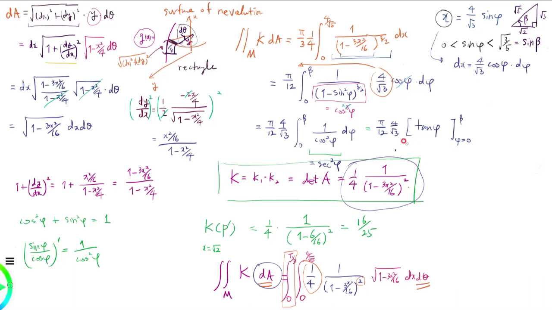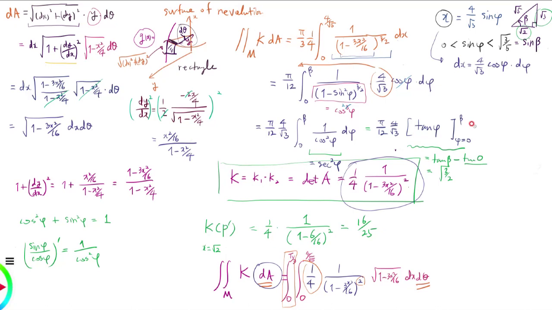So when I evaluate this one, it is tangent beta minus tangent 0, and tangent beta is square root of 3/2, and tangent 0 is 0.